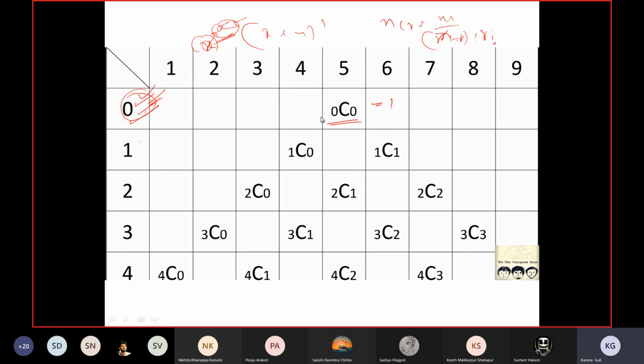Both are 0, so 0 minus 0 is 0, and 0 factorial is again 1. And r is also 0, and 0 factorial is also 1. So I'll be writing this as 1 divided by 1 into 1. So it is yielding me 1. Correct? Agreed? 0 factorial is 1, right? Yes, ma'am. Okay. So what is the value of this again?